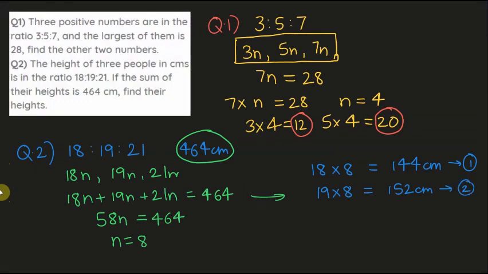This is the height of the second person. Then finally we have 21 into 8, which will be 168 centimeters. This is the height of the third person. And so we've got the heights of all three people as 144 centimeters, 152 centimeters and 168 centimeters.